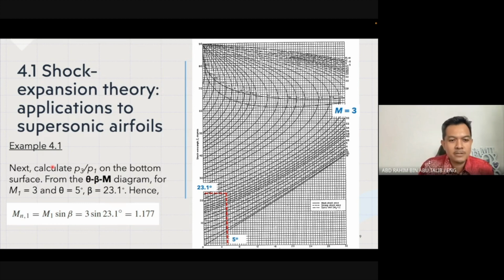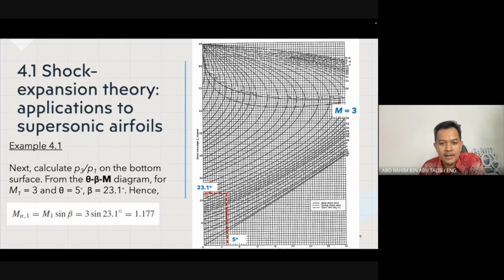All right. Next, what you need to do is focus on the bottom surface of the flat plate, using the theta-beta-Mach number diagram. As I said, this is the continuation of chapter 3, so we have already seen this particular diagram. In this case, Mach number is equal to 3, and given theta is equal to 5 degrees, you trace from 3 over there and stop where it coincides with 5 degrees of theta.